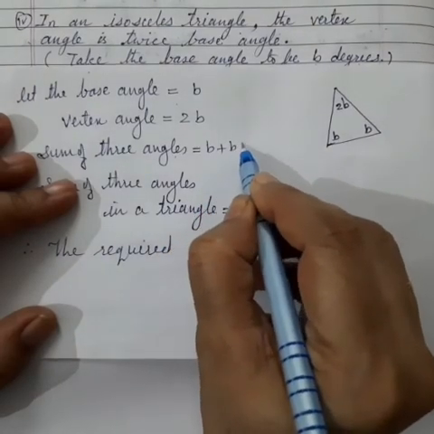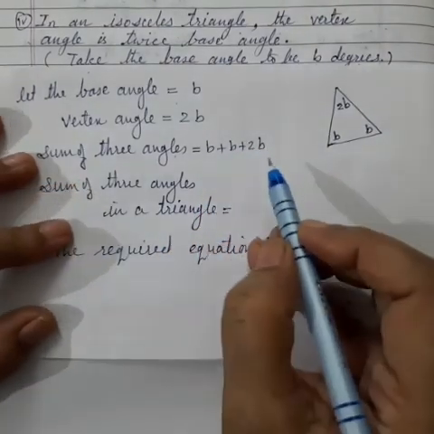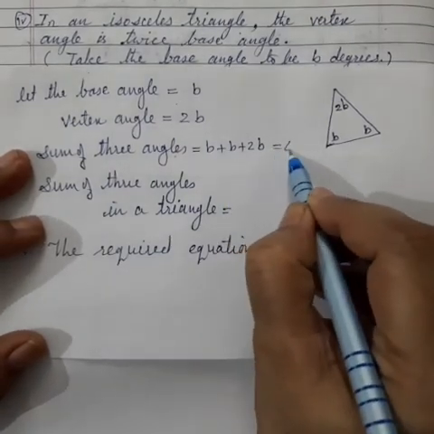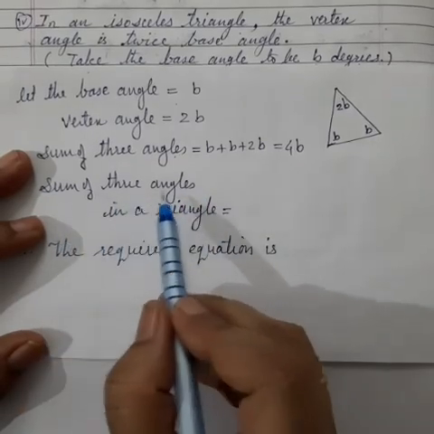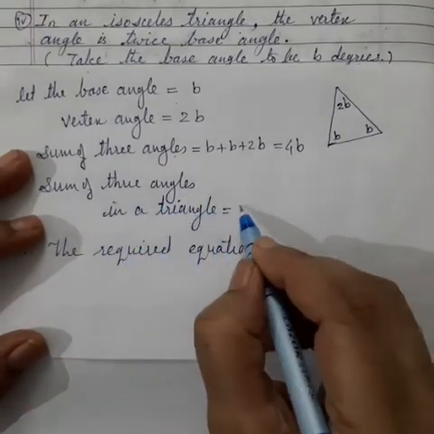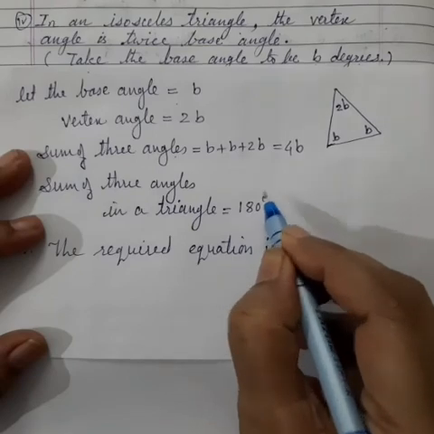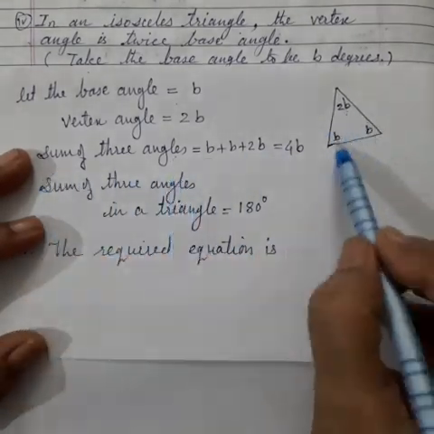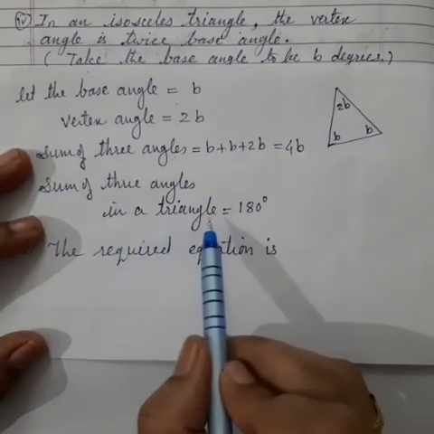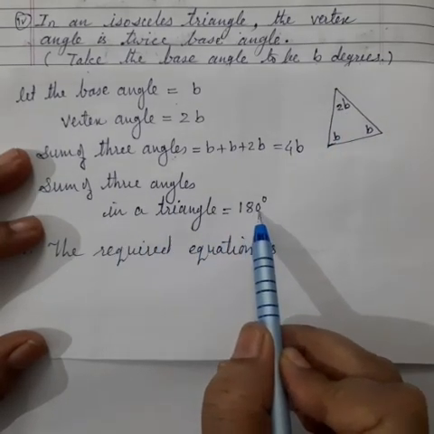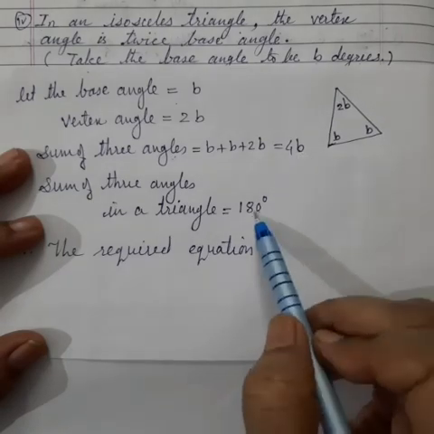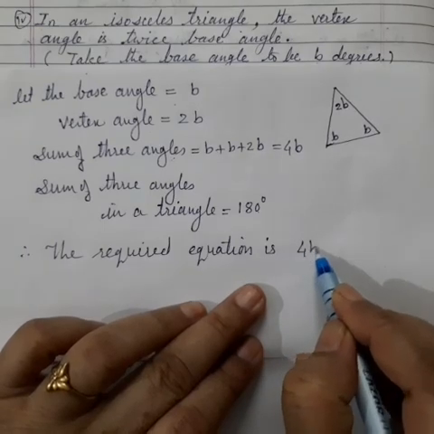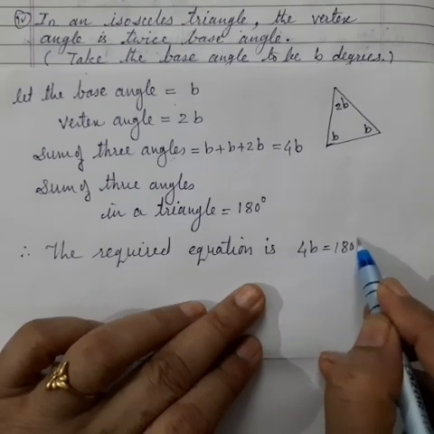It will become 4B. And sum of 3 angles in a triangle, always it is 180 degrees. And 4B also is the sum of three angles in a triangle. So these two are representing same value. So our equation will be 4B equal to 180 degrees.